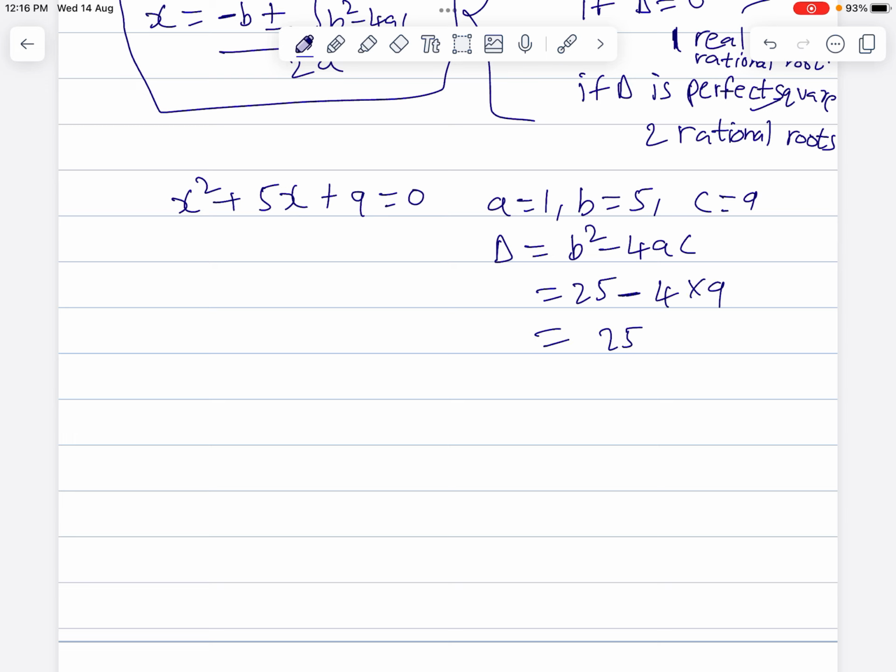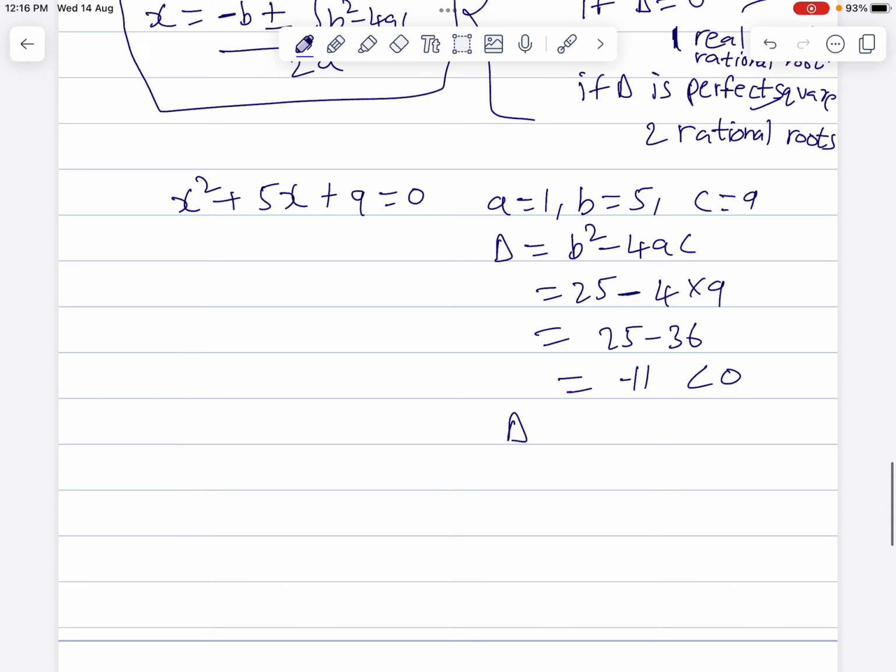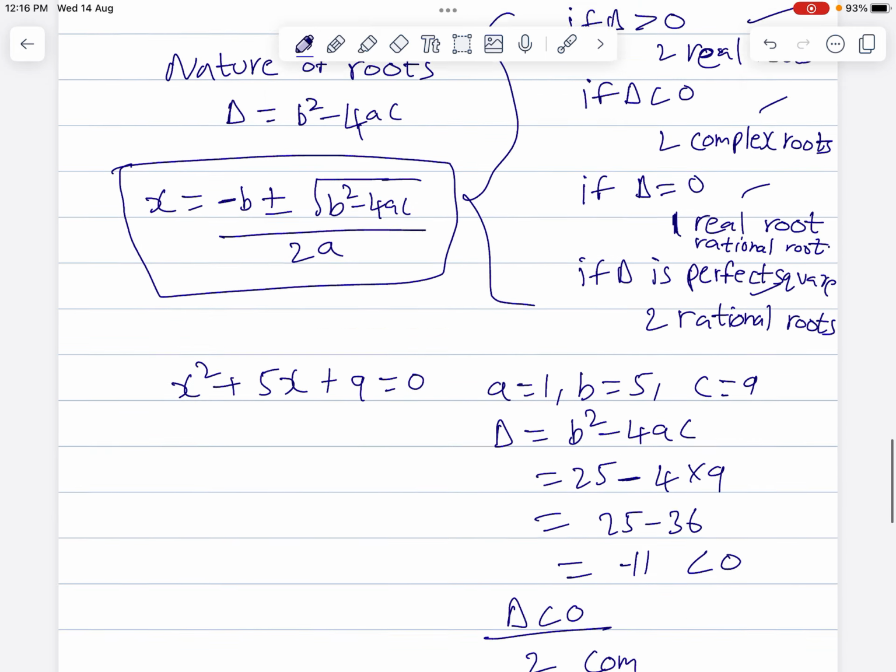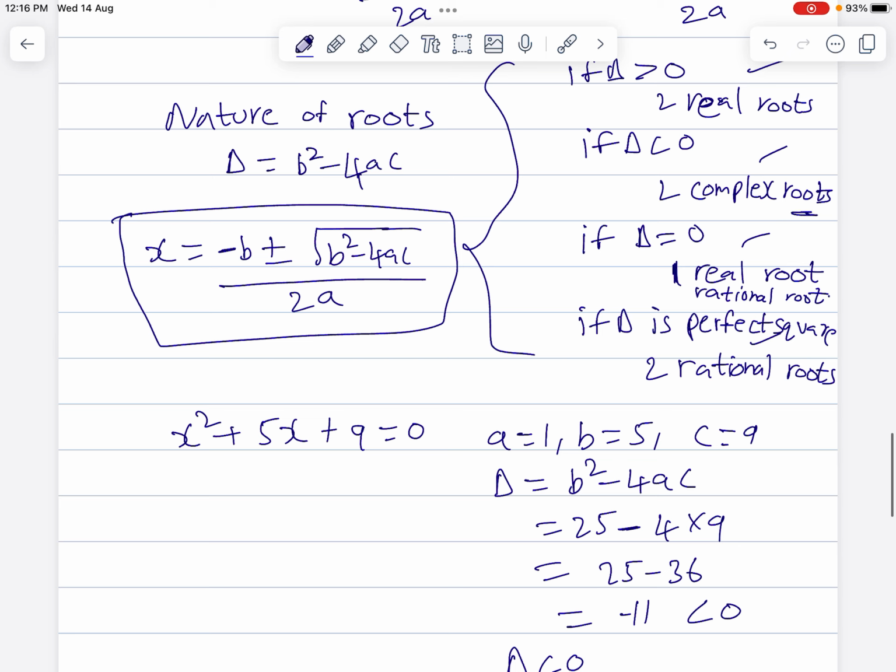So 25 minus 36, which is minus 11, which is less than 0. So when delta is less than 0, what will we have? Two complex roots. Okay, two complex roots.